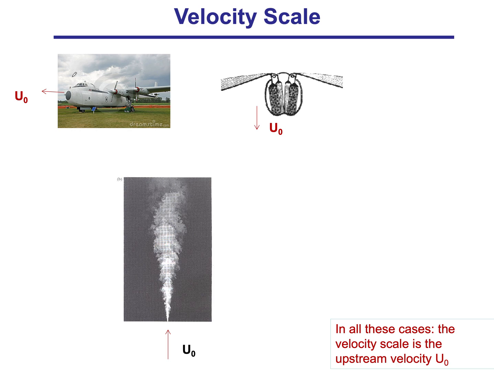And then the other thing that's of importance in fluid mechanics is velocity scales. So how fast does an airplane move? Does it fly? We'd expect maybe 300, 400, 500 kilometers per hour. So it's on the order of 100 meters per second. So that's a velocity scale.